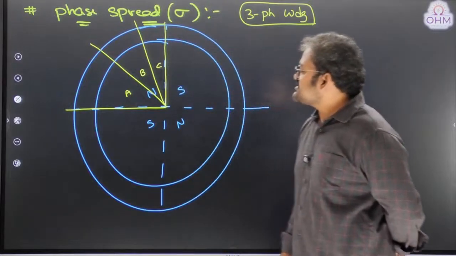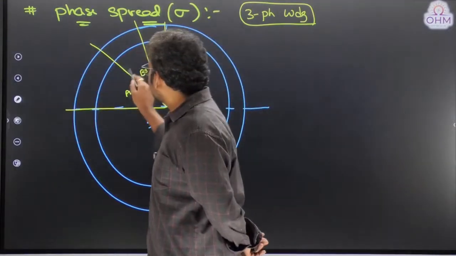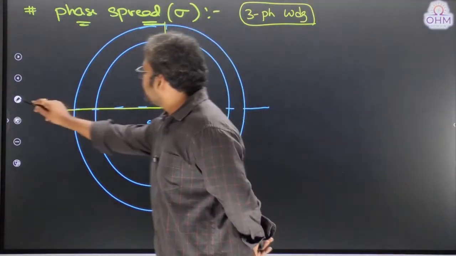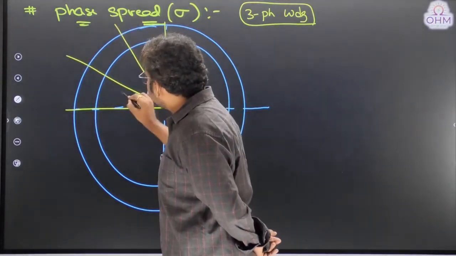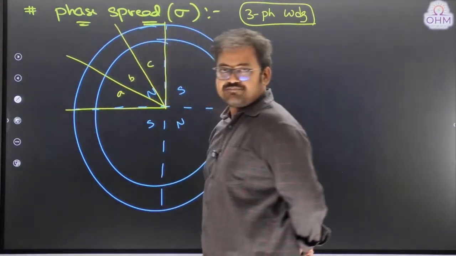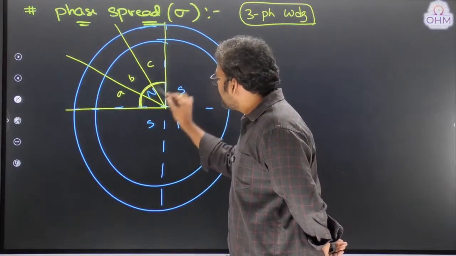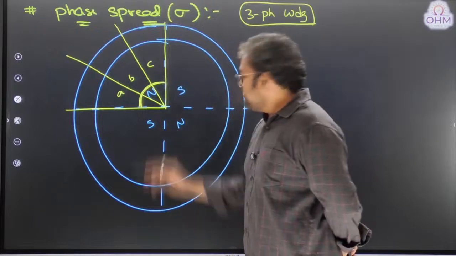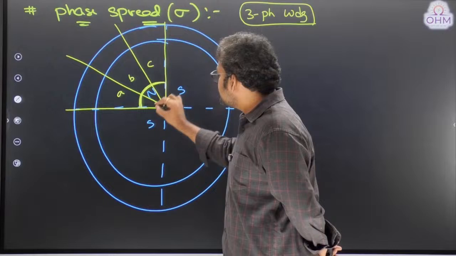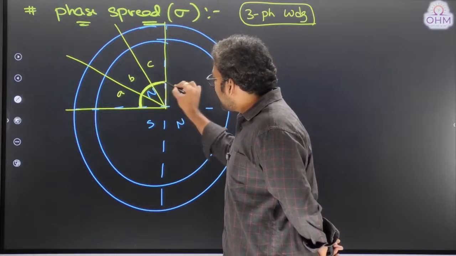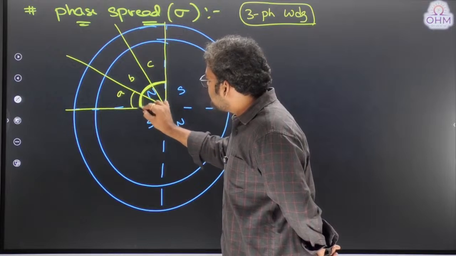Now, what is meant by phase spread? It is the angle occupied by each phase winding under each pole. If you take one pole, what is the angle? 180 degrees electrical. Physically it looks like 90, but electrically it is 180. That 180 degrees is divided into 3 parts. Then what is the angle occupied by each phase winding?